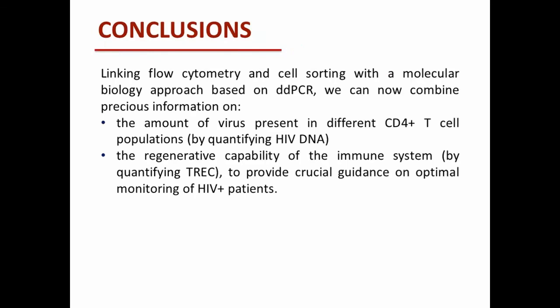So in conclusion, I hope that I could show you that the combination of flow cytometry and cell sorting with molecular biology and an approach based upon digital PCR can give precious information on the amount of the virus present in different CD4 T-cell populations. We showed that you can measure the capability of the immune system to regenerate, and maybe this could provide guidance for the monitoring of patients with HIV infection.